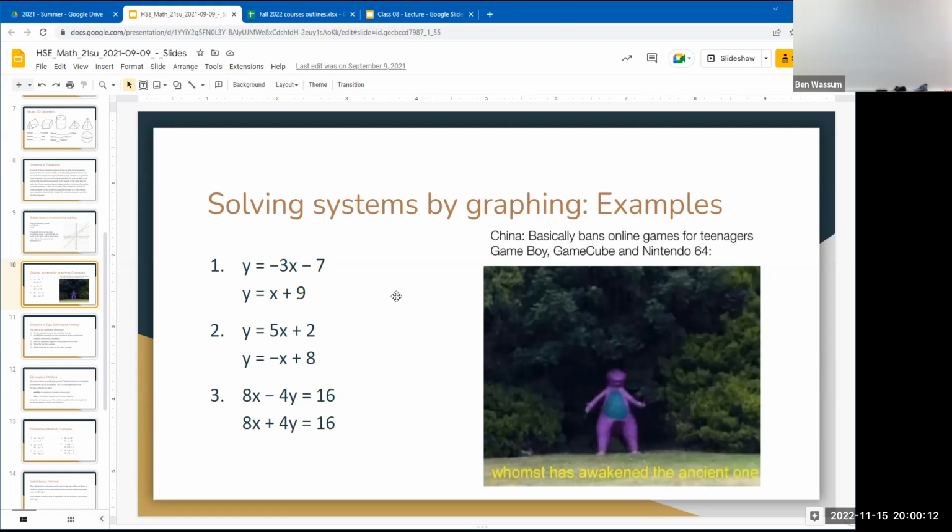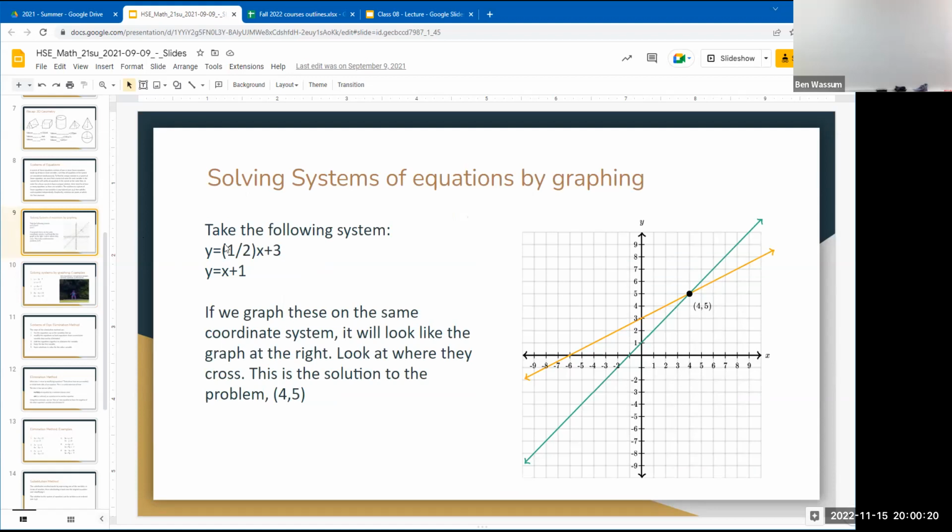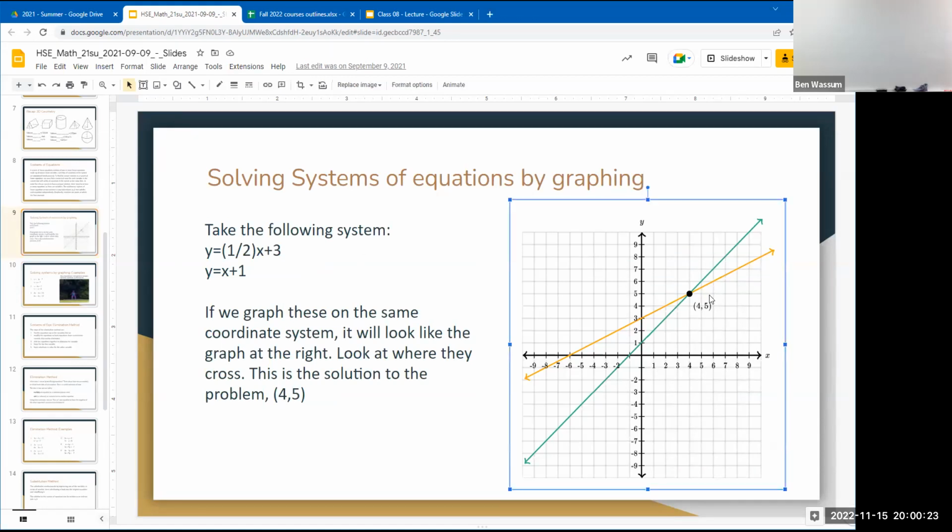I'm not going to go over examples for this because honestly, using this method just gets you to understand that the solution to a system of equations is where the lines cross. However, unless they're really nice equations that cross at perfect points, and you have really good graphs, which I don't, this isn't very useful.